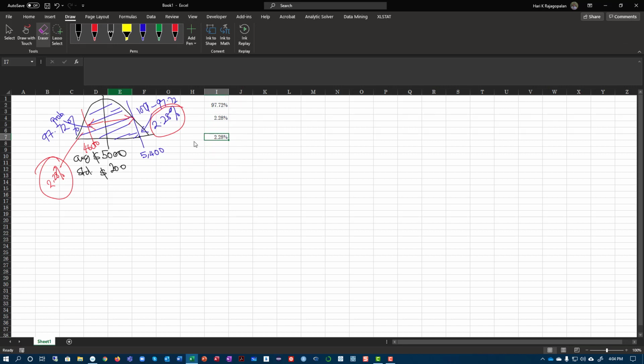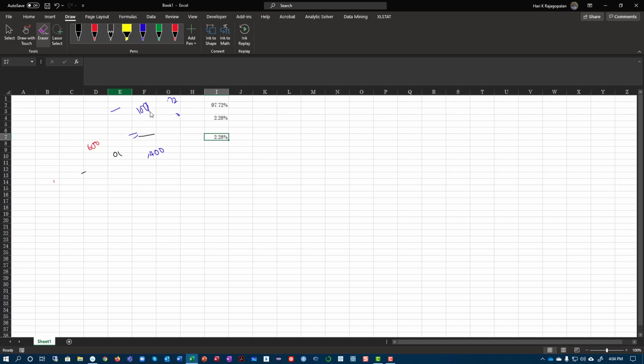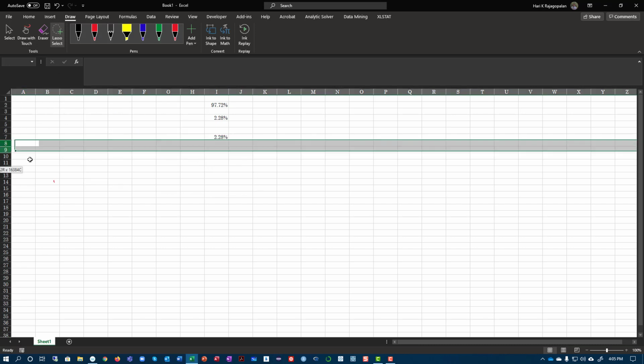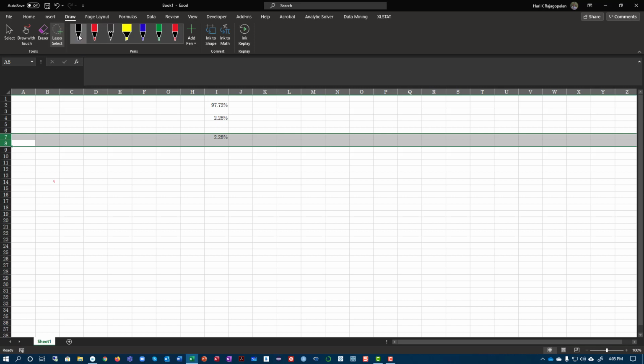Now let's take the same example. I'm going to redraw it again. And let's look at the probability. Instead of being given the number, let's say someone said, hey, this area here is 10%.